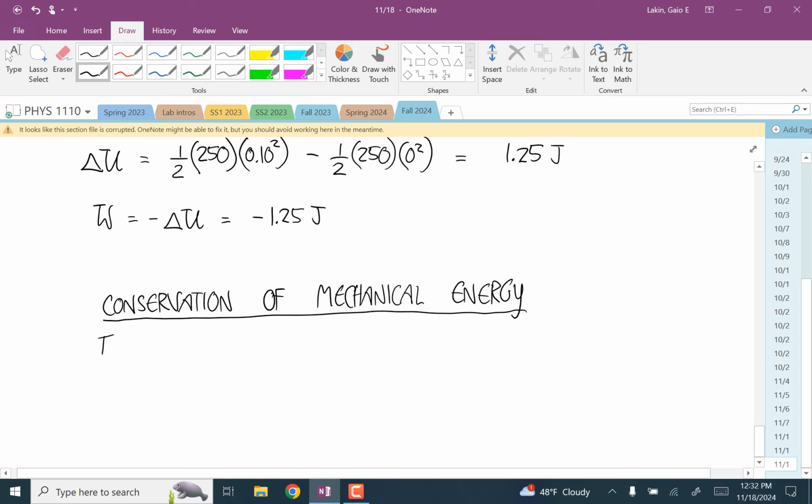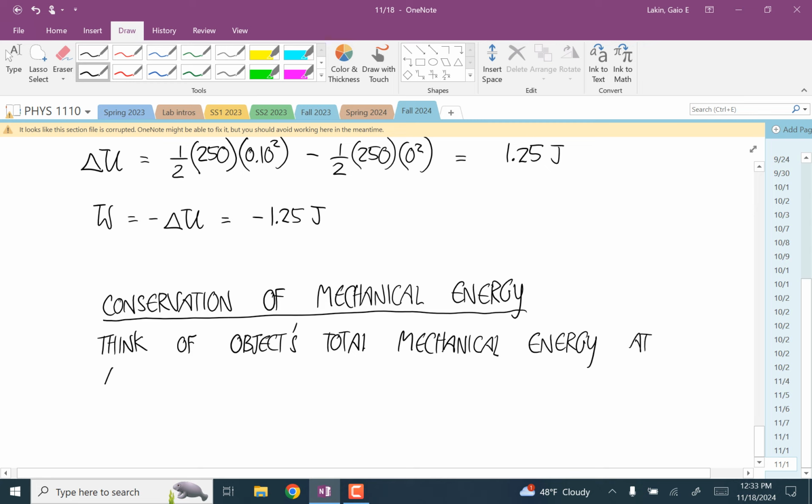And so think of an object's total mechanical energy at an instant as its kinetic energy at that instant plus its potential energy at that instant.